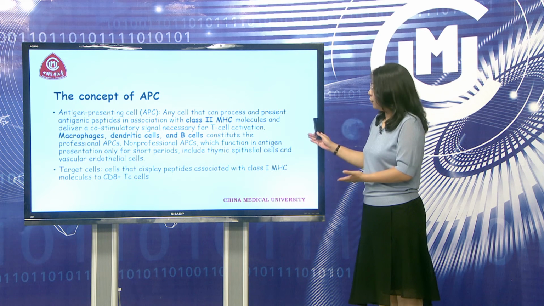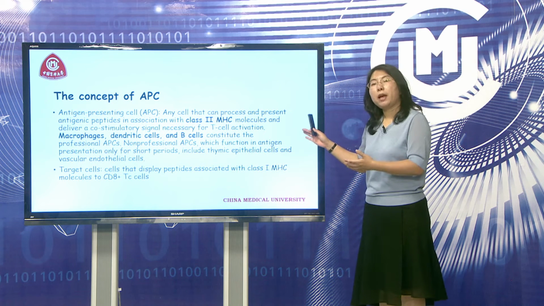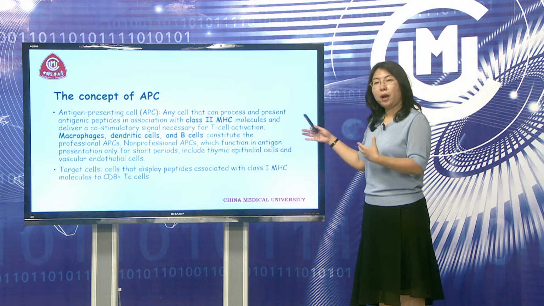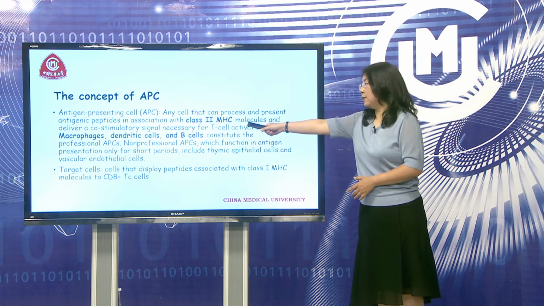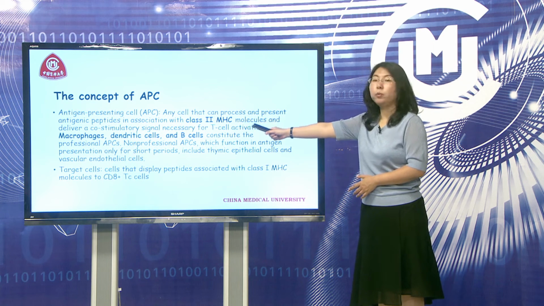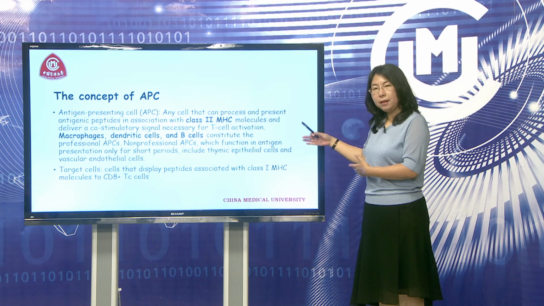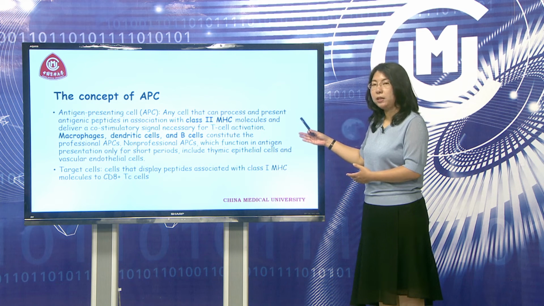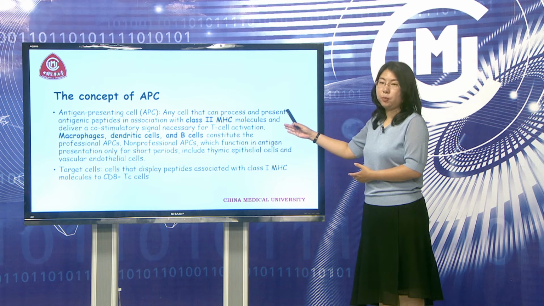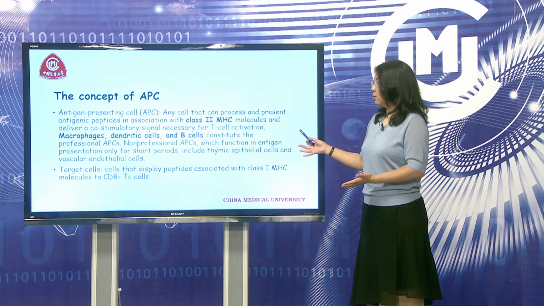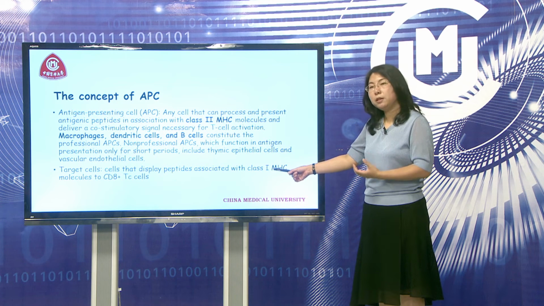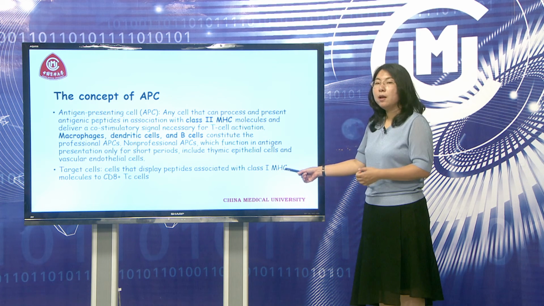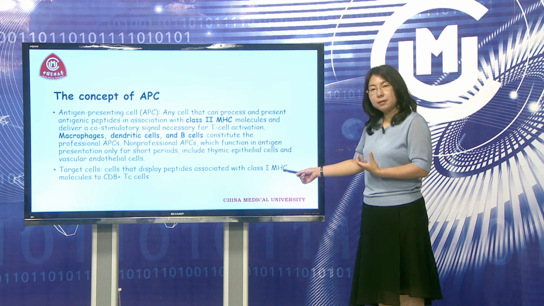So from the concept, any cell that can present peptide we might call APC, right? But actually no. Only the cells that express class 2 molecules and also B7, we call APC, antigen presenting cells. But for other cells, now we look at class 1 molecules. Do you remember the distribution of class 1 molecules? They are on all nucleated cells, right?